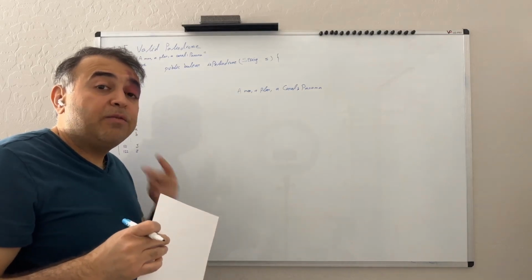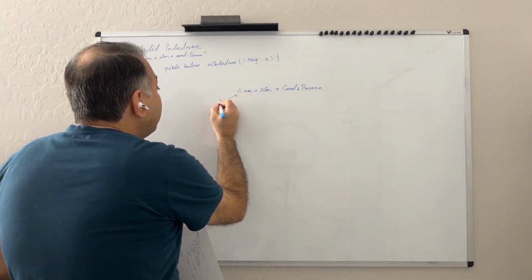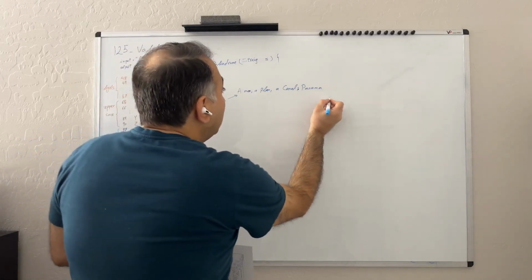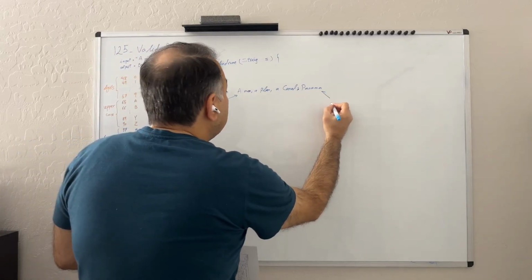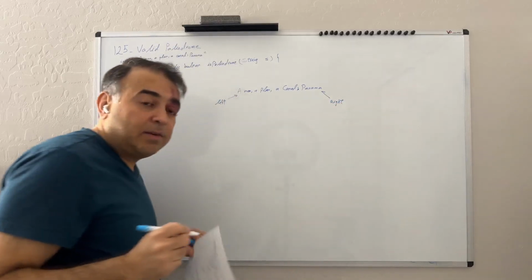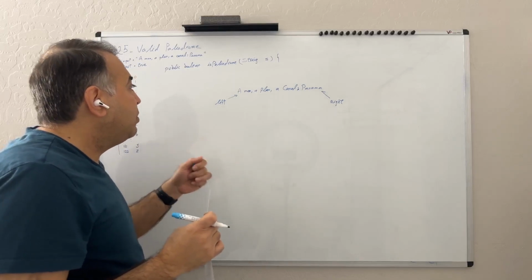So same as the previous solution, what are we going to do? We are going to define two pointers. The first pointer moves from the left and points to the first character of the string. And the other pointer moves from the right and points to the last character of the string. But what's the difference this time? Previous time we did a cleanup.